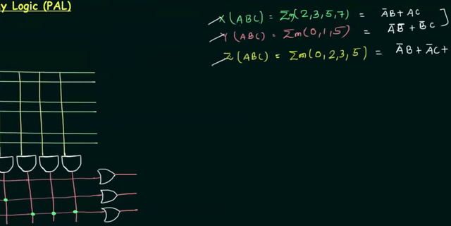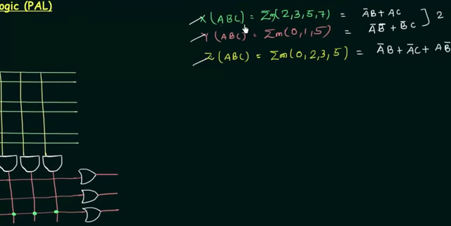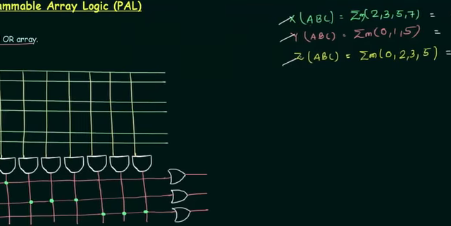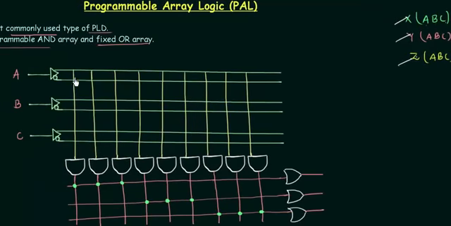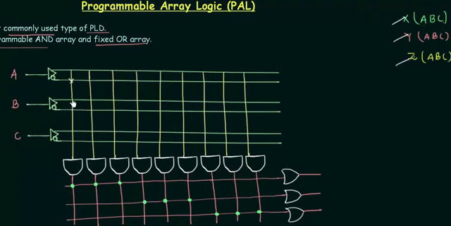So what is our first output? X. It is a complement b or ac. So a complement is this thing, b is this one. So this AND gate gives us a complement b.